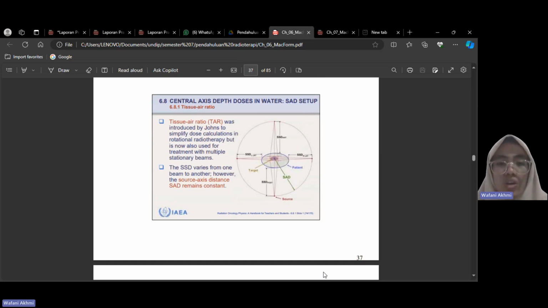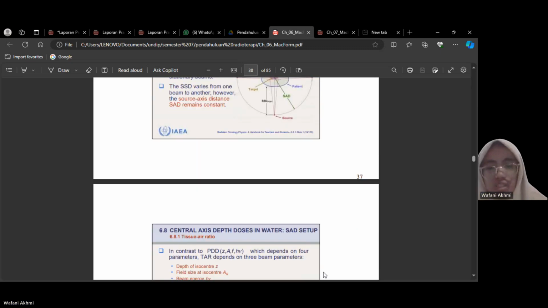Tissue air ratio was introduced by Jones to simplify dose calculations in rotational radiotherapy, but is now also used for treatment with multiple stationary beams. The SSD varies from one beam to another. However, the source axis distance, or SAD, remains constant.